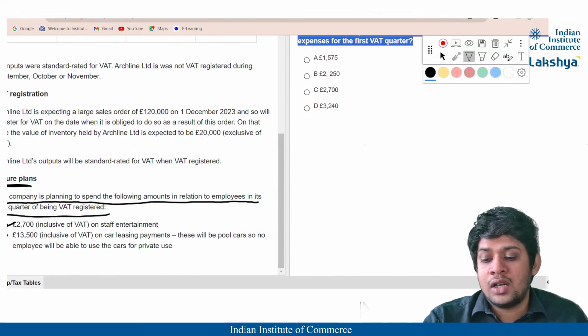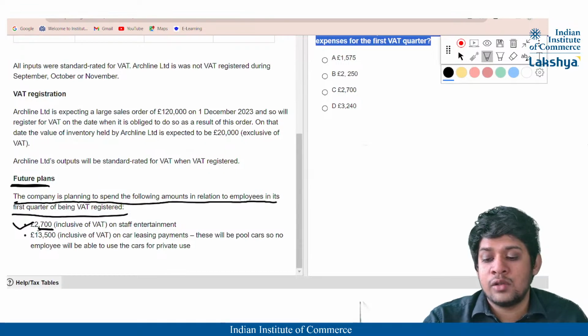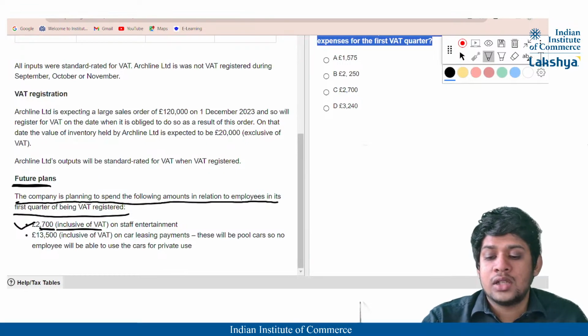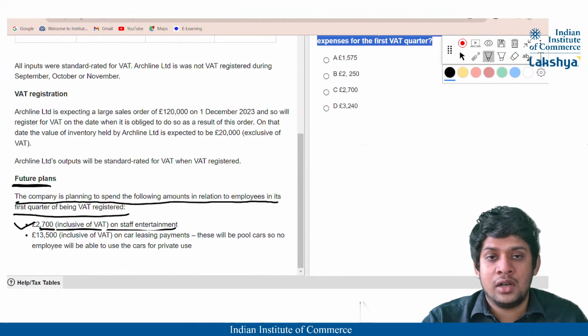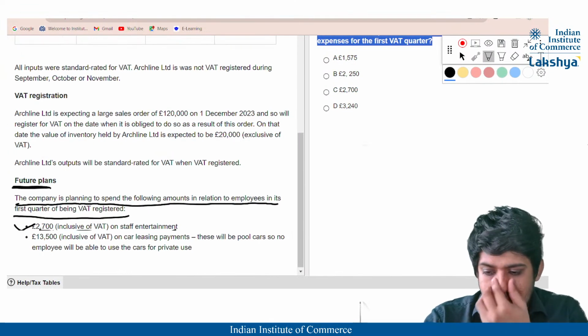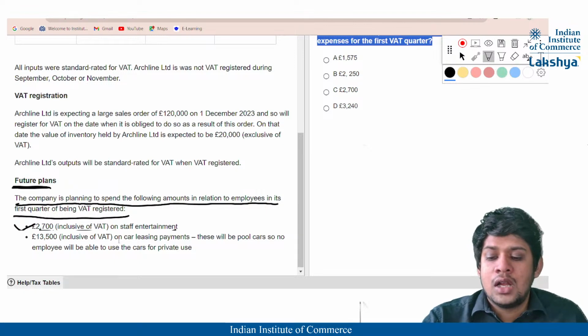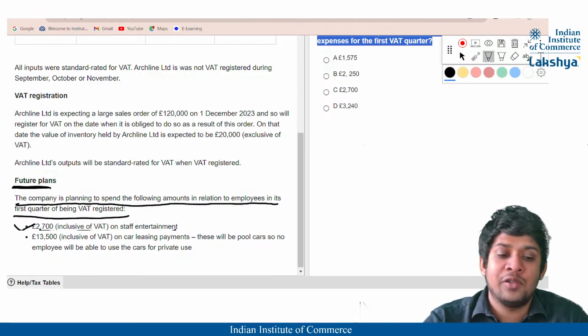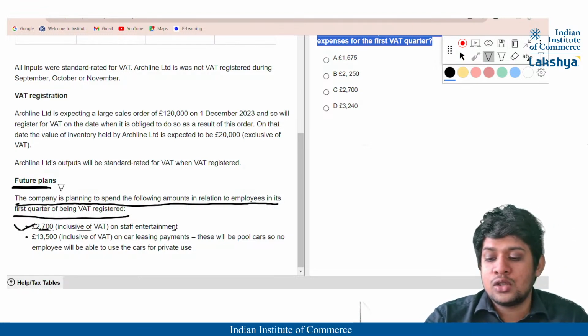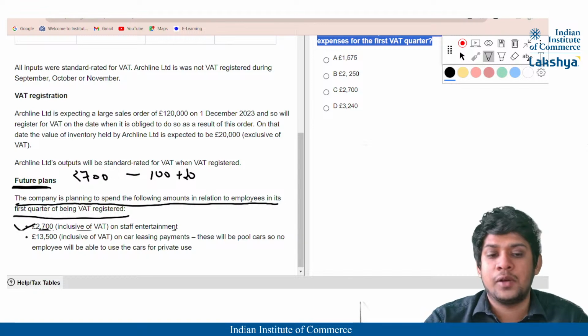So 2700 is inclusive of VAT on the staff entertainment. Okay, it is inclusive of VAT, so we'll have to remove the VAT amount. And 13,500 inclusive of VAT on car leasing payments. Correct, guys? So both are inclusive of VAT. So technically, this 2700 represents 100% of cost plus 20% of VAT.